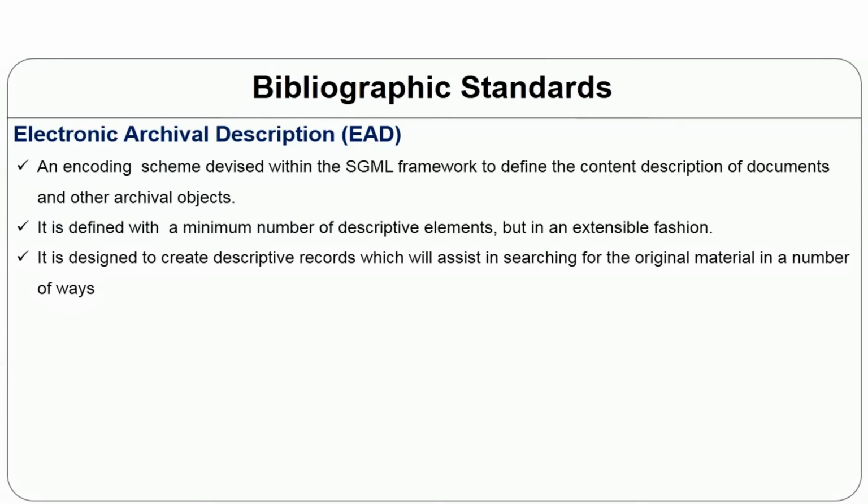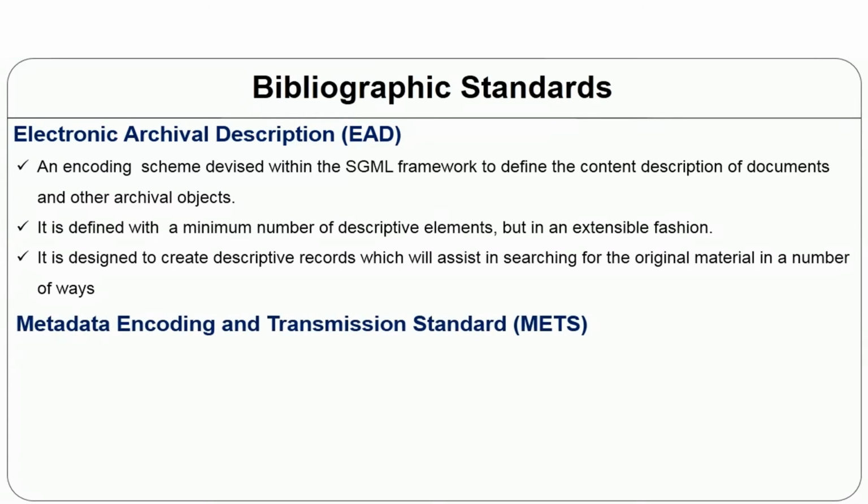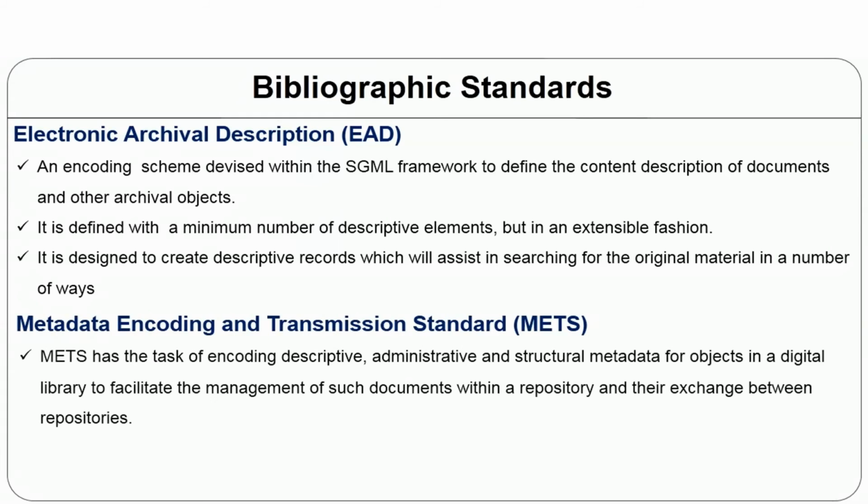And the other standard is Metadata Encoding and Transmission Standard, that is called METS. METS has the task of encoding descriptive, administrative and structural metadata for objects in a digital library. This facilitates the management of such a document within a repository and then exchange between repositories. If you are storing a document in a repository, many people will try to take it from there.